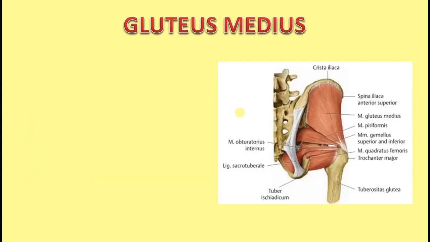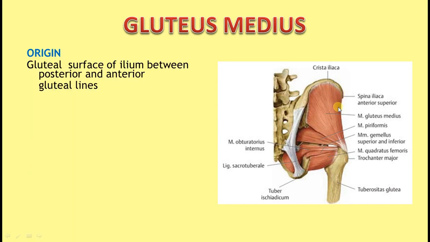So we will pass on to the next muscle, which is the gluteus medius muscle, present deep to the gluteus maximus. So that is the gluteus medius muscle, which arises again from the dorsal surface of the ilium between the posterior and anterior gluteal lines. Okay. So dorsal or gluteal surface of ilium between the posterior gluteal line and anterior gluteal line.